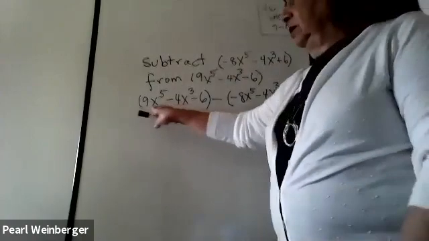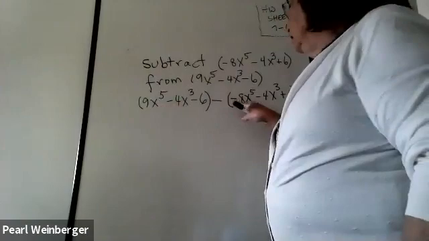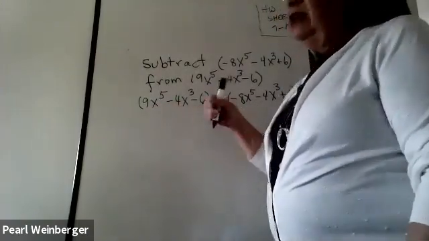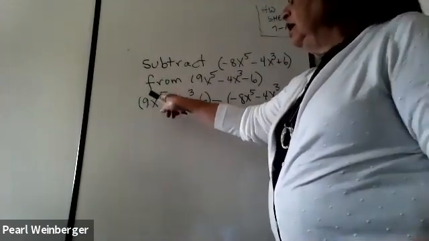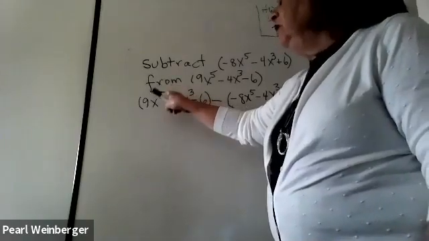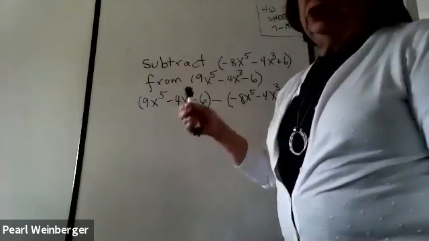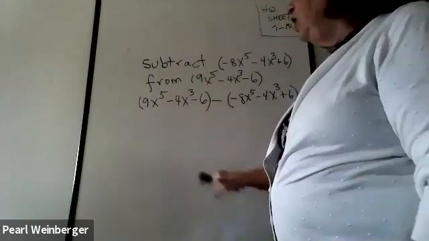Okay, let's just mention this only has x's, this only has x's. If I look at this, I can tell you what the degree of this polynomial is. This polynomial has a degree 5. It's called a 5th degree or degree 5 polynomial because the largest exponent you're seeing in this expression is 5.